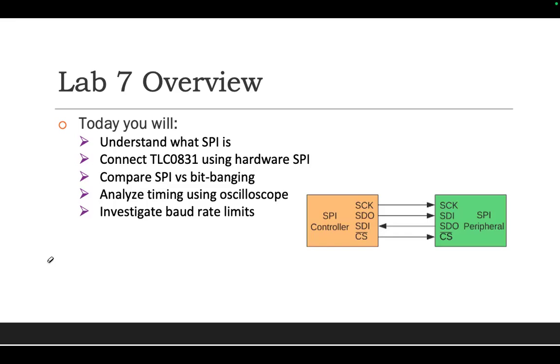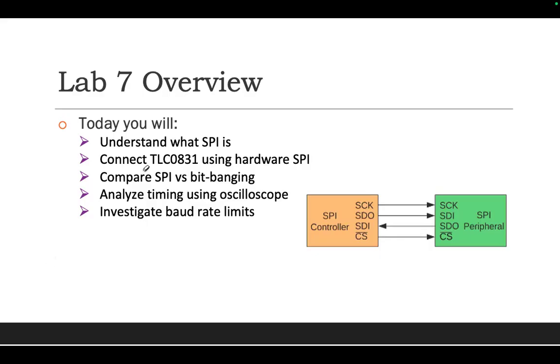For today's lab, you need to use the oscilloscope to detect the signals. And then investigate baud rate limits, which means the clock frequency limits.